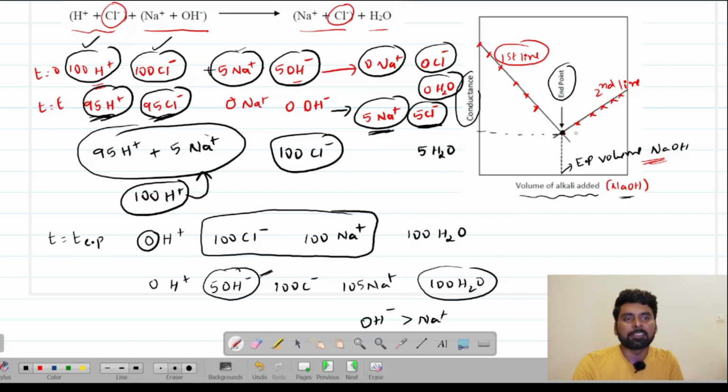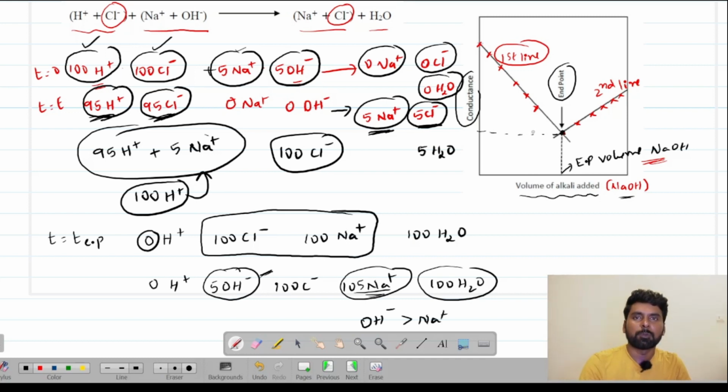That's why I can say that the increase in conductance after the endpoint is due to the increase in the number of OH minus ions. Very important point. It is not due to the increase in the number of Na plus. Though the Na plus ions are increasing, the contribution of Na plus ions is very small.